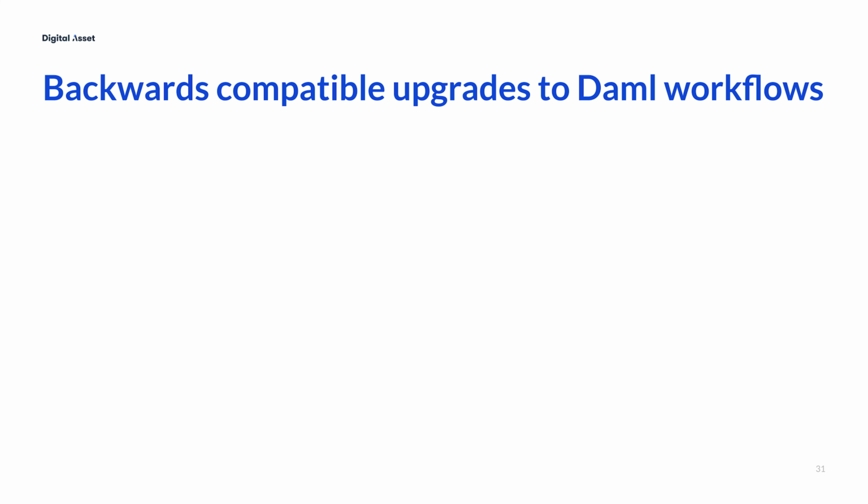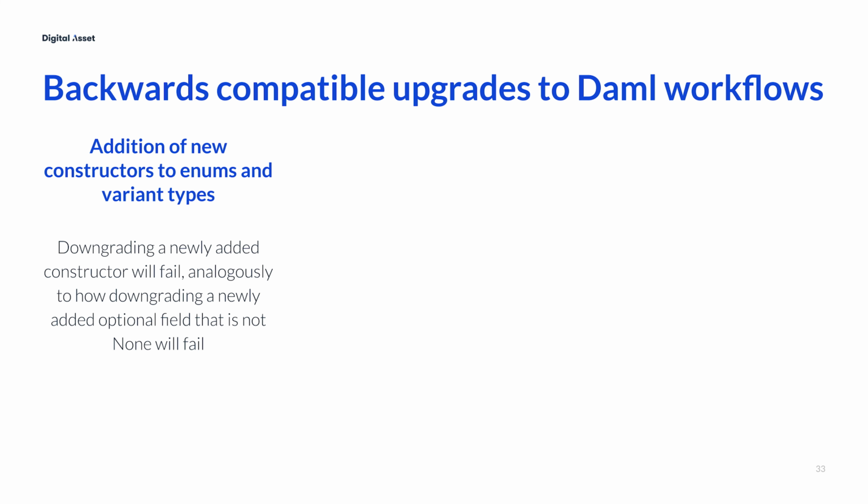The supported backwards compatible changes to Daml models also include addition of new constructors to enums and variant types. Newer versions of a DAR package can add new constructors to enums and variant types. Downgrading a newly added constructor will fail, analogously to how downgrading a newly added optional field that is not None will fail.